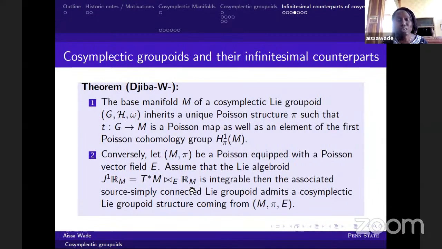So the one-to-one correspondence between contact and Jacobi manifolds, or symplectic and Poisson manifolds, is extended here. Here we have cosymplectic and Poisson, of course, but with additional data, which is quite reasonable because every cosymplectic manifold is a Poisson manifold, but with some additional data.